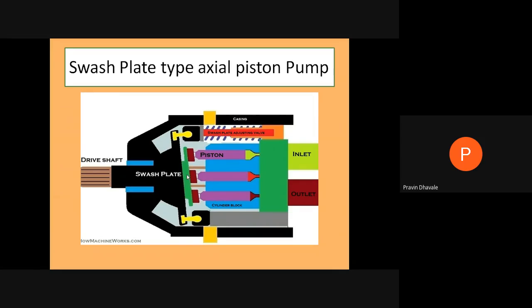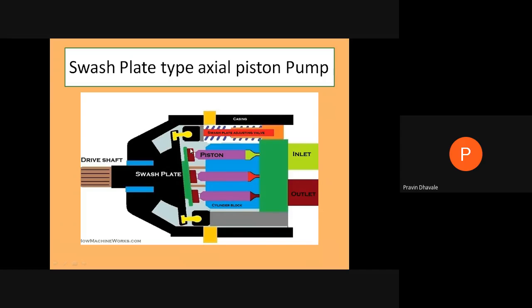If the inclination angle is positive, then maximum forward flow or maximum discharge is obtained from the pump. If the inclination of the swash plate with the axis of the shaft is negative, at that time we get the reverse flow. This is all about the swash plate type axial piston pump.